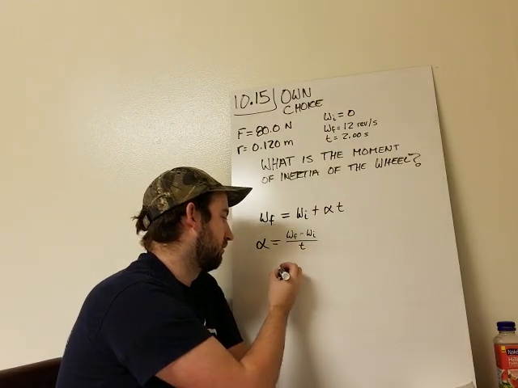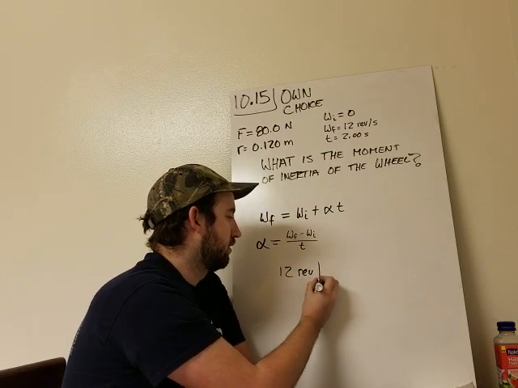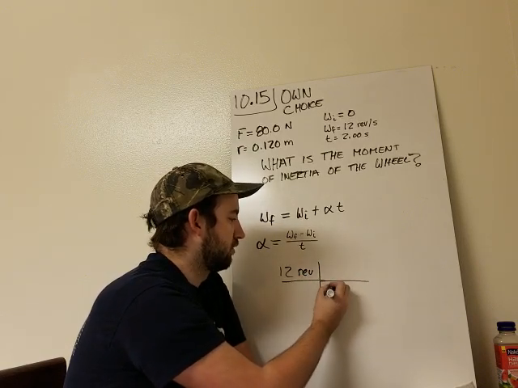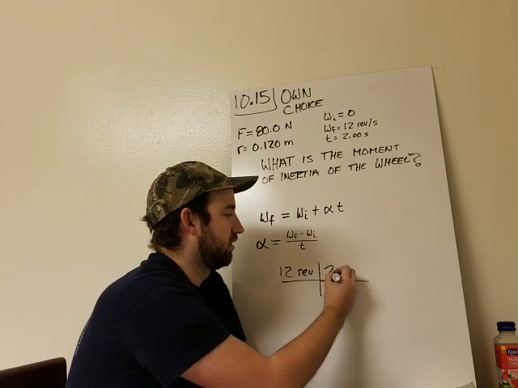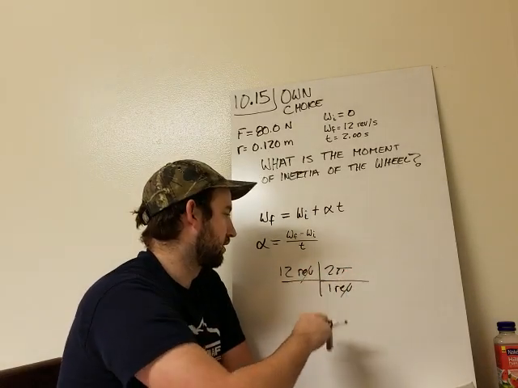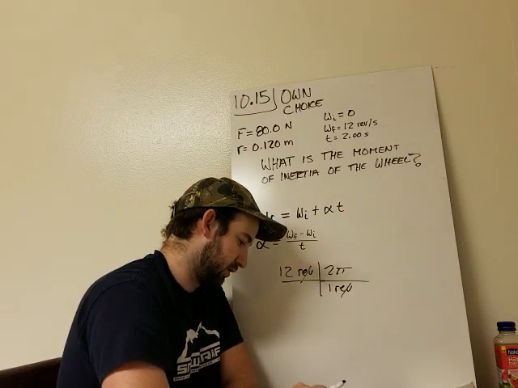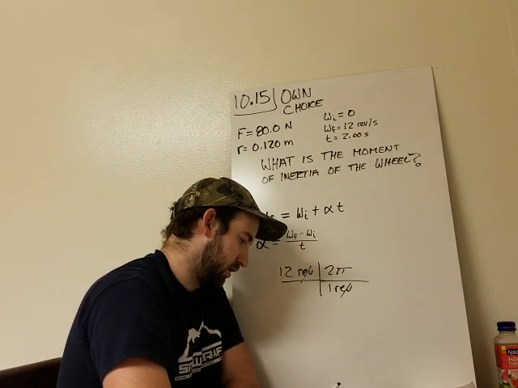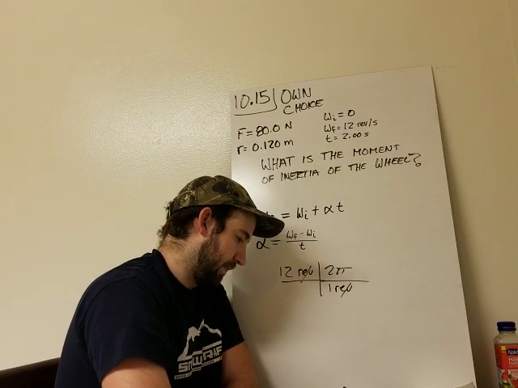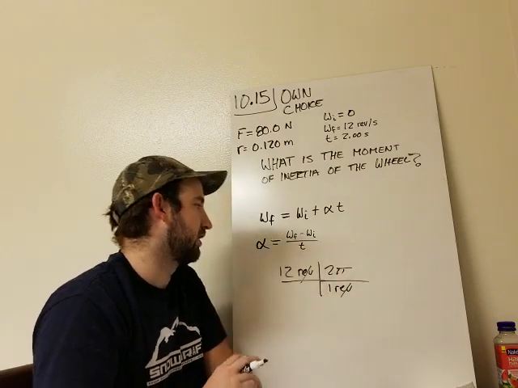And so we do that, we know 12 rev, 1 revolution is equal to 2 pi, cancels out revolutions, we get 12 times 2 pi, which is 75.4 radians per second.